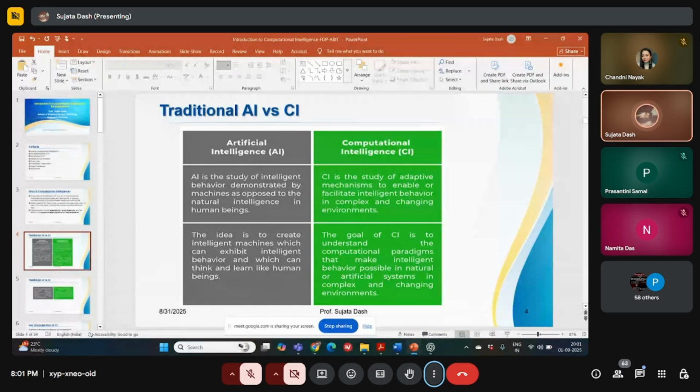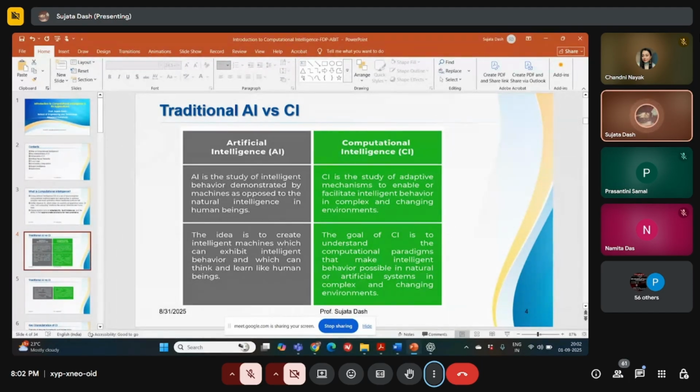Just think of how birds flock, ants find food, or the human brain adapts to new situations. CI tries to copy these natural mechanisms to make machines smarter in environments which are very complex and always changing.